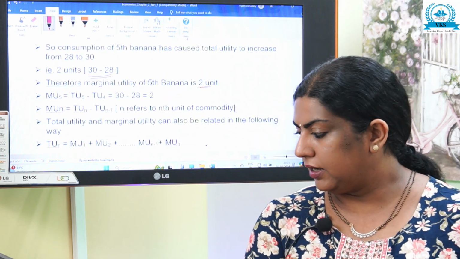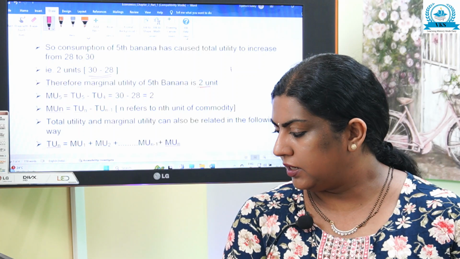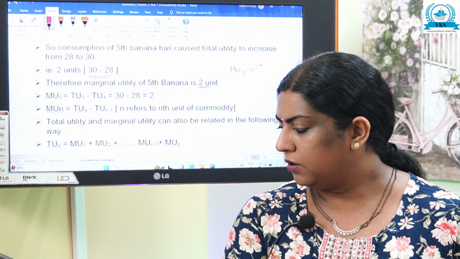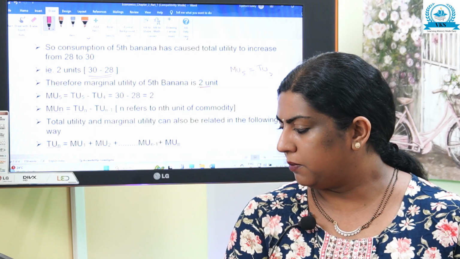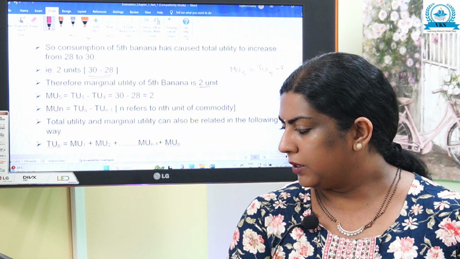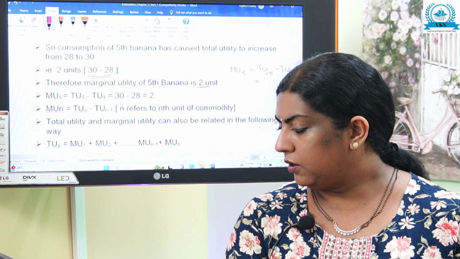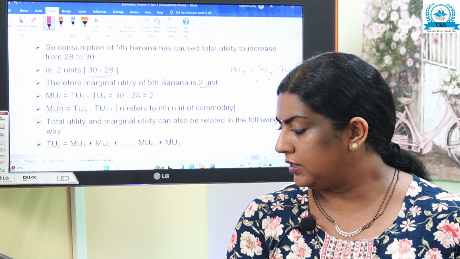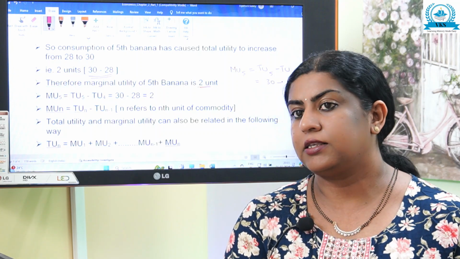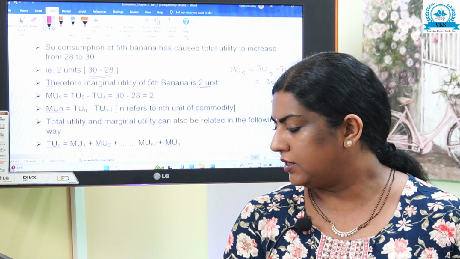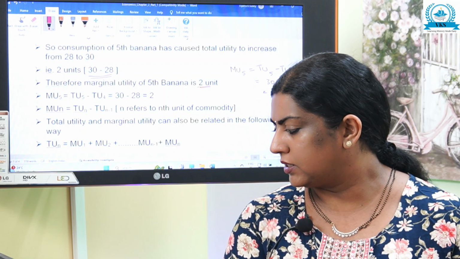You can write like this: marginal utility of having the 5th banana is equal to total utility which you had by eating 5th banana minus total utility which you had by eating 4th banana. That is, total utility of having 5th banana is 30 units minus total utility of having 4th is 28. So that is 2 units.